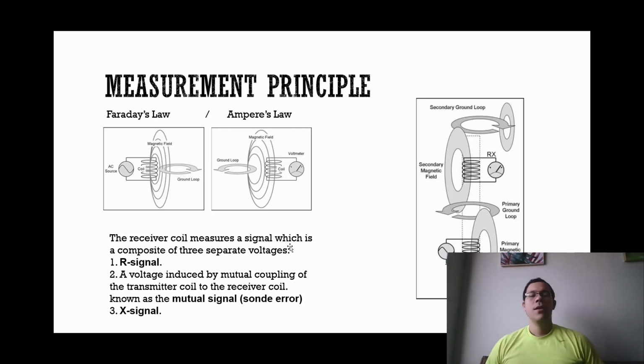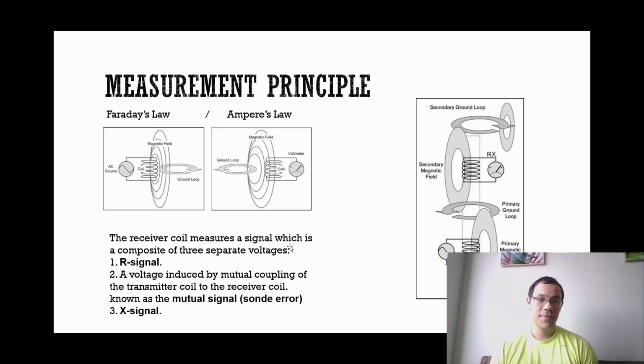Now, let's talk about the measurement principle. Theoretically, you can go and do your research about Faraday's law and Ampere's law, but this is how it works, generally speaking. You apply AC current to a coil. This AC current, this is the transmitter, is going to create a magnetic field. And this magnetic field creates a current in the formation.